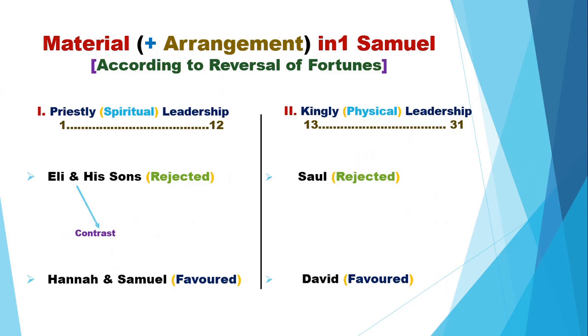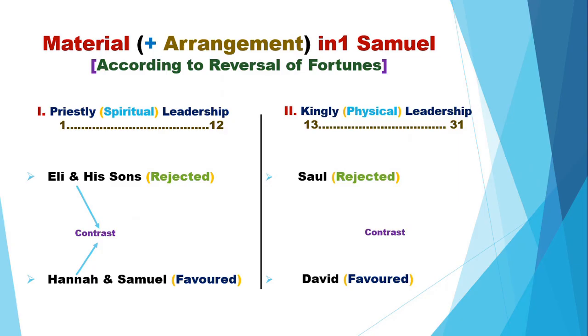So we have the arrow there. That arrow is indicating a downward trajectory of Eli and his sons. They were previously doing well, now they start going down. We have the arrow going up, representing the upward trajectory of Hannah and Samuel.